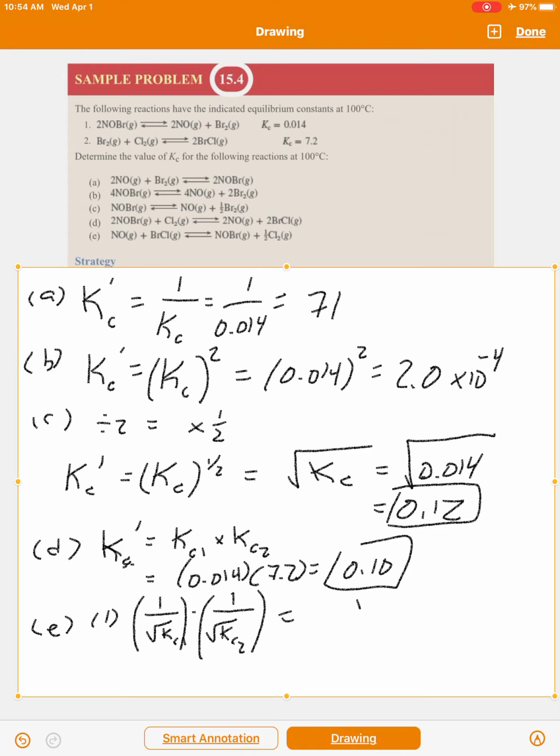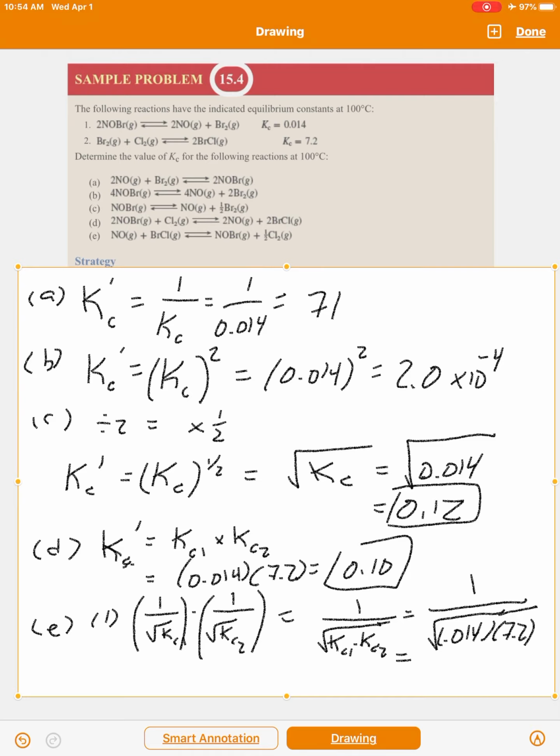So I can actually write this a little bit more simply. It's Kc1 times Kc2, and 1 divided by the square root of that. So that would be 1 over the square root of 0.014 times 7.2. Let's try that. 0.014 times 7.2 is 0.1008.